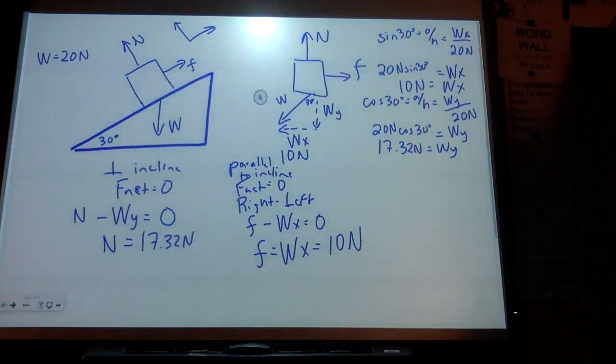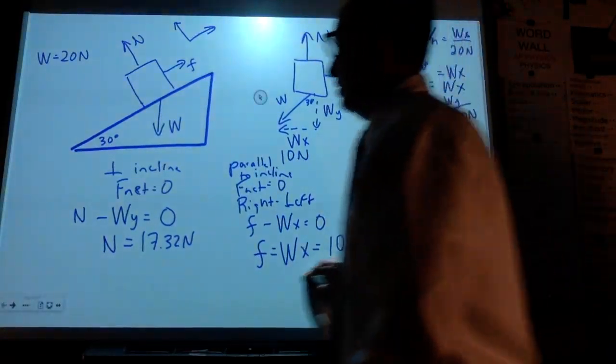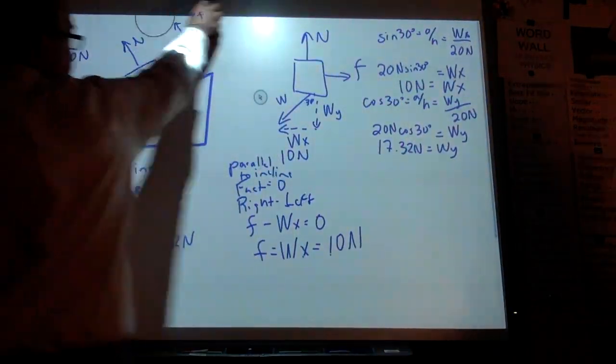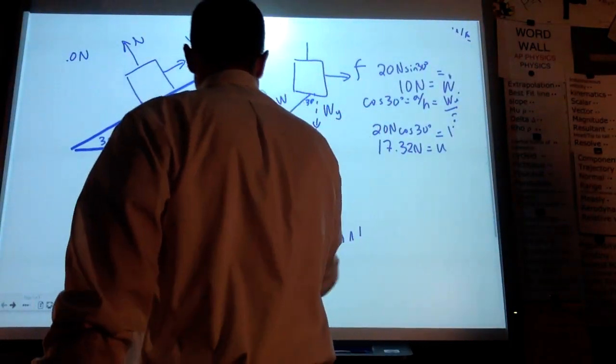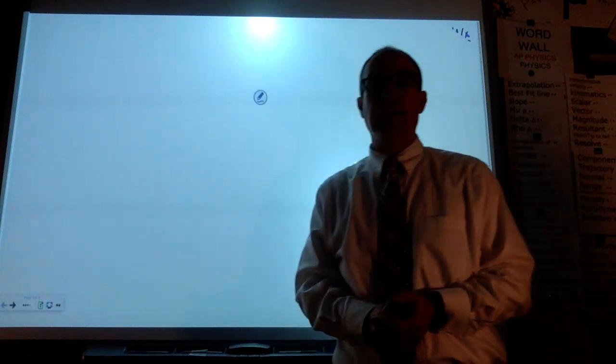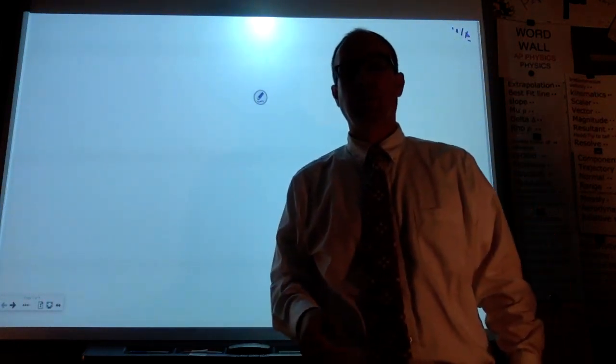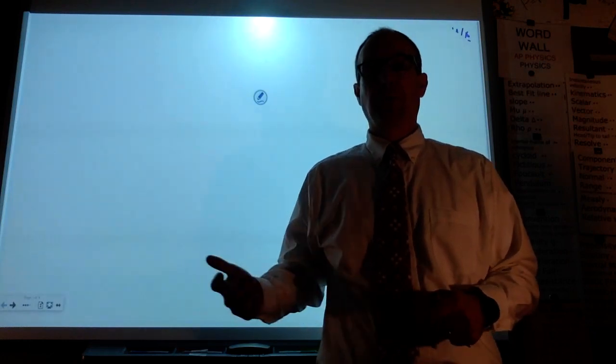All right, our last example is something hanging. So we did a number of examples like this, both in the notes and we did it in the lab. We used a spring scale, which tells us what the force is.